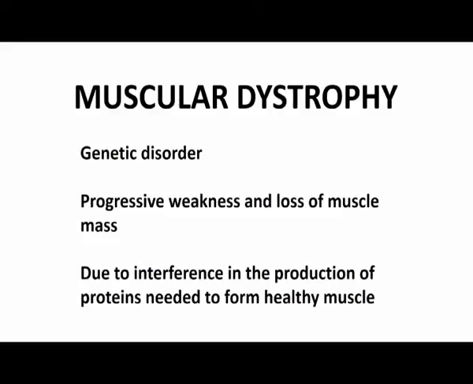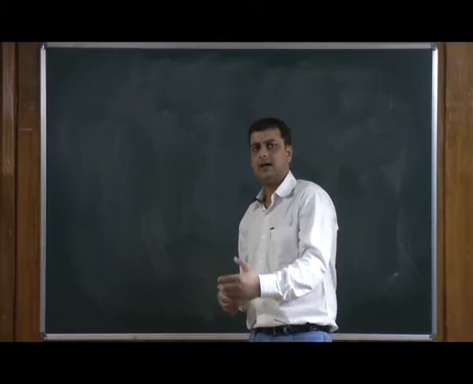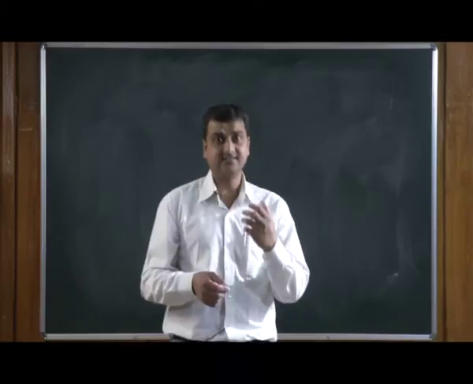Muscular dystrophy is progressive weakness and loss of muscle mass, and it happens because of interference in the production of a protein which is required to produce healthy muscle, right? This is a genetically controlled disease condition.